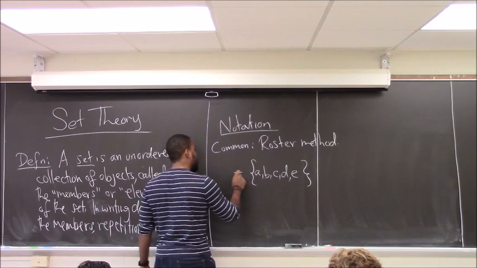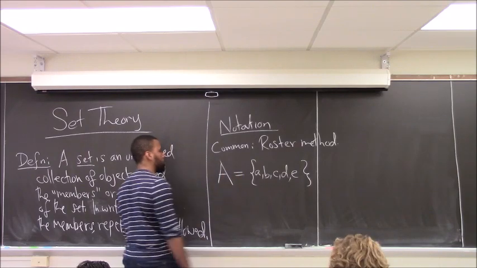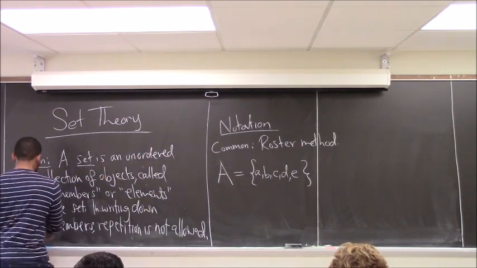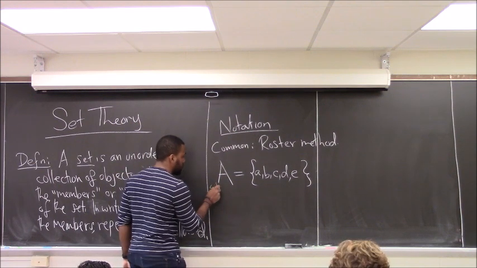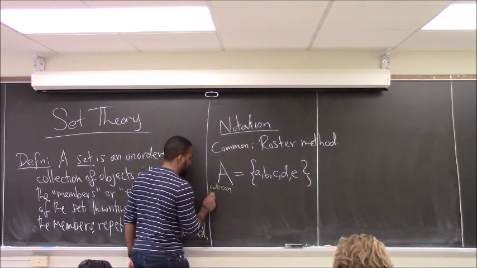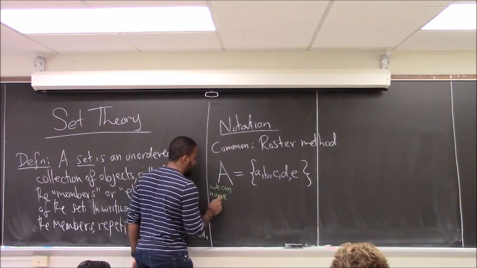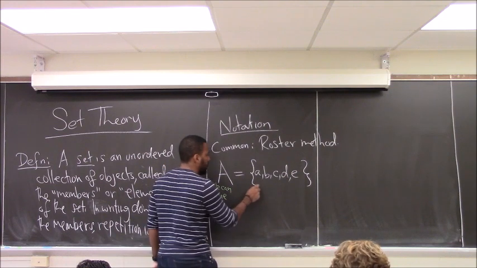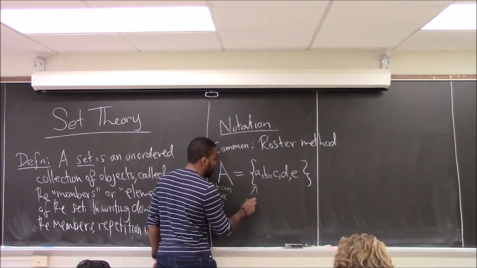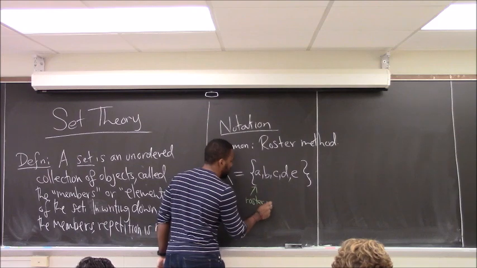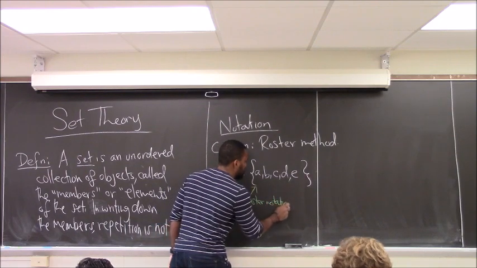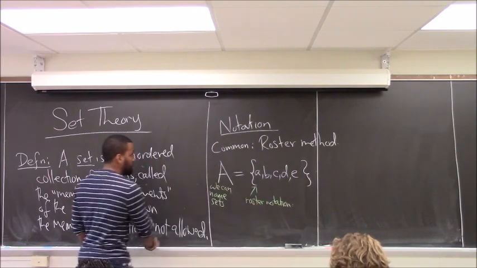And by the way, we can give sets names, usually uppercase letters. This method of listing them is called the roster notation. That's when you want to actually list the elements of the set.